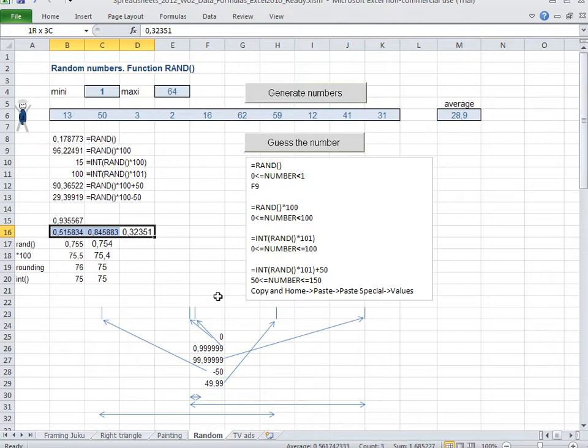But in real life, the system is such that middle of the pack numbers, so numbers like 0.5, 0.4, 0.6 come in much more frequently than radical numbers 0.1, 0.9, 0.19.